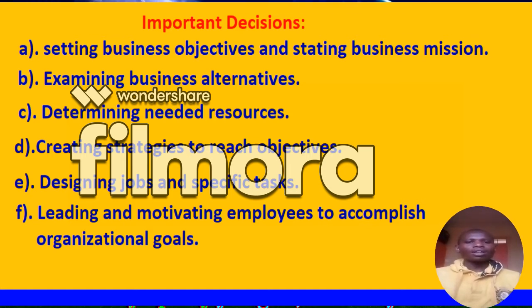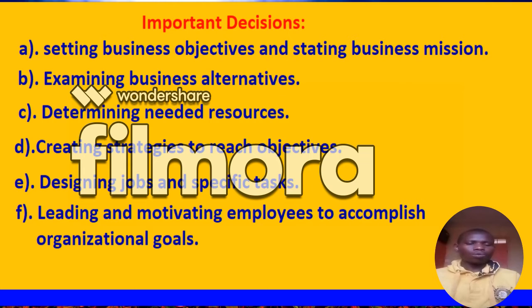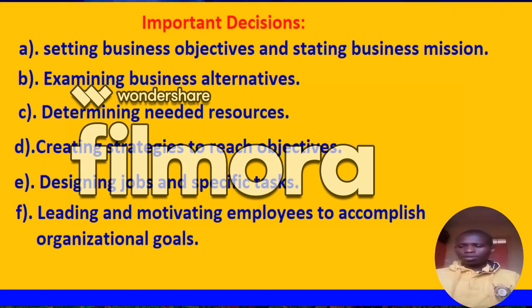Mission is simply, where do we want our business to go, or what are the expectations of our business. So that is point number one. The second point is that the functions enable us to examine business alternatives.